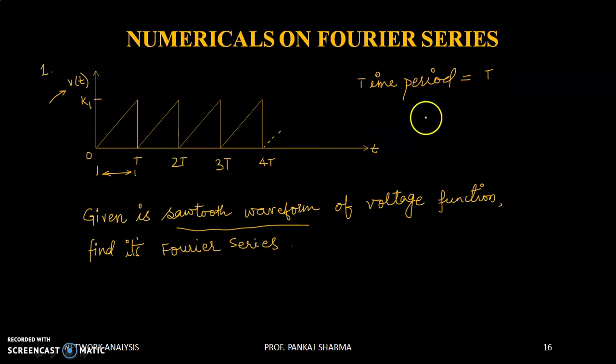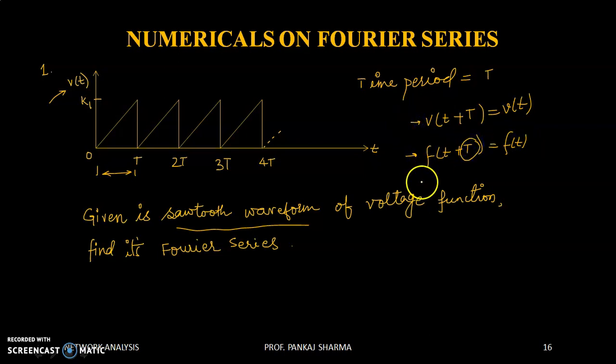Why is this the time period? Because V of t plus T is your V of t. As we have studied, f of t plus T is equal to f of t. So there exists a finite value T, capital T, which when added in the argument results in the original waveform.